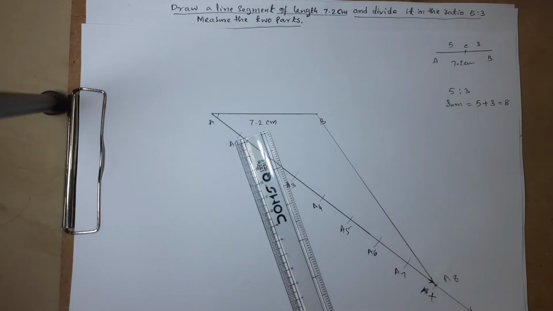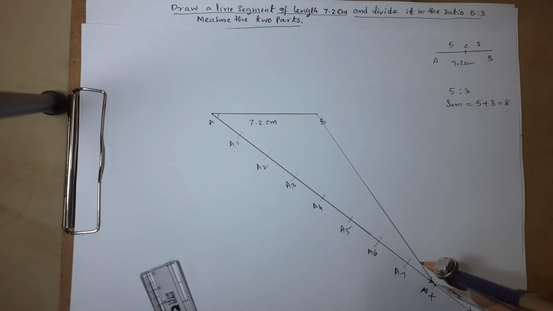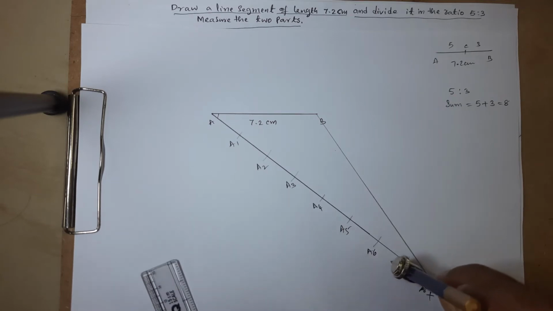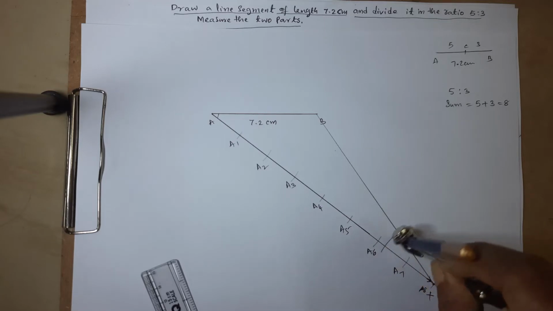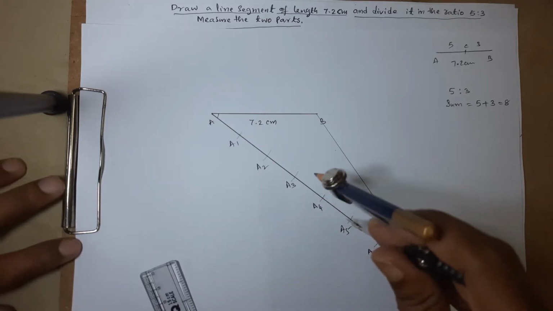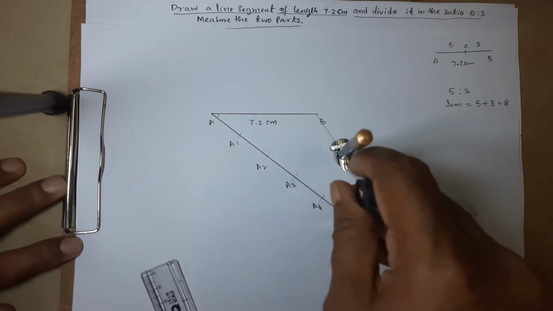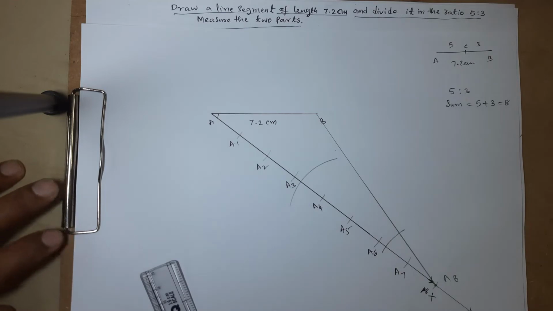So how do you draw a parallel line here? Again, take a compass. Here with some convenient radius, just draw an arc like this. With A5 as center, draw another arc.